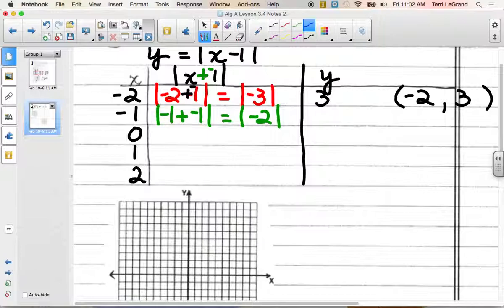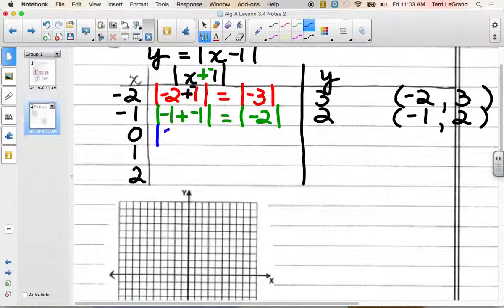And what is the absolute value of -2? Positive 2. How far is it from 0? It's 2 units away from 0. So we have ordered pair -1, 2. Okay, let's do a 0.